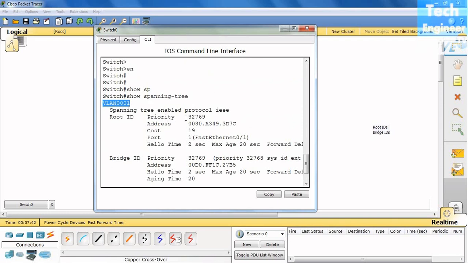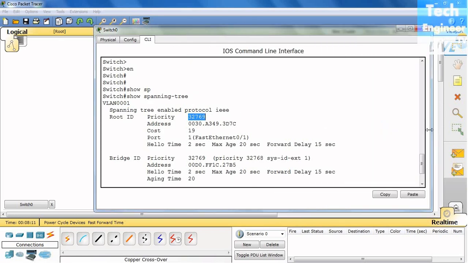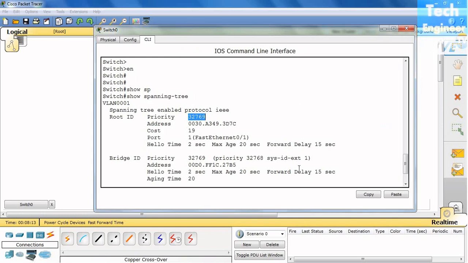The default priority value is 32768 plus the VLAN 1 value, so the priority value becomes 32769. For the extended system, if it's VLAN 10, then VLAN 10 will be added on the priority value.